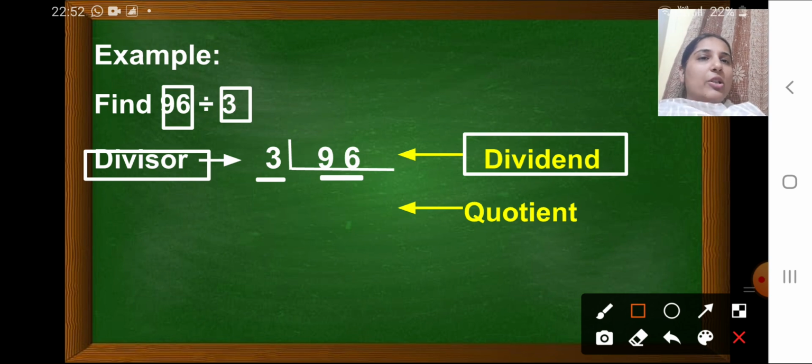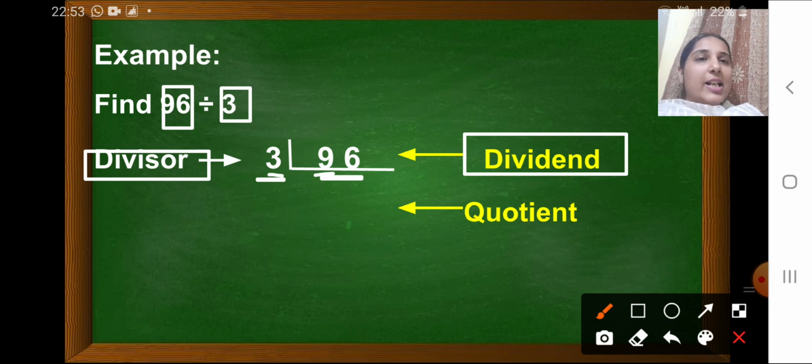Now children, just see the first digit of the dividend. What is the first digit? 9, and our divisor here is 3. In the multiplication table of 3, how many times will you get 9? 3 ones are 3, 3 twos are 6, and 3 threes are 9.